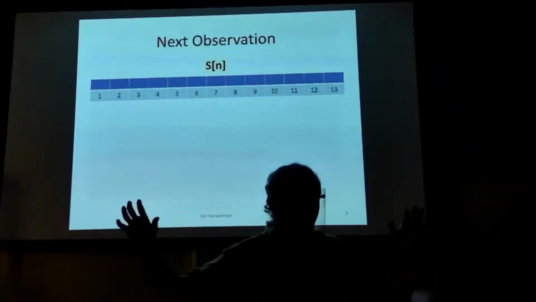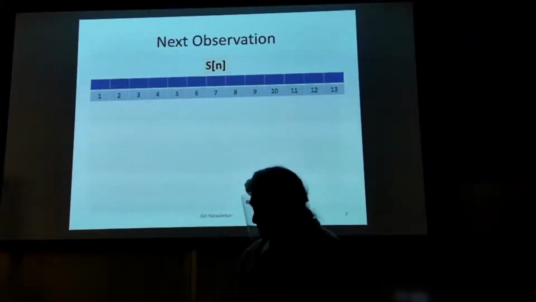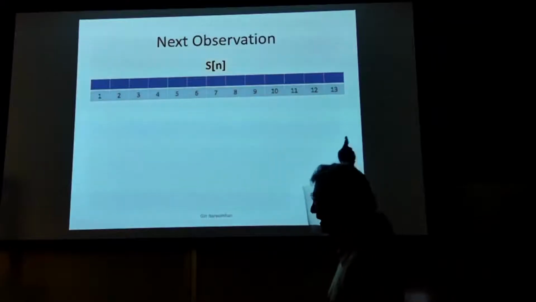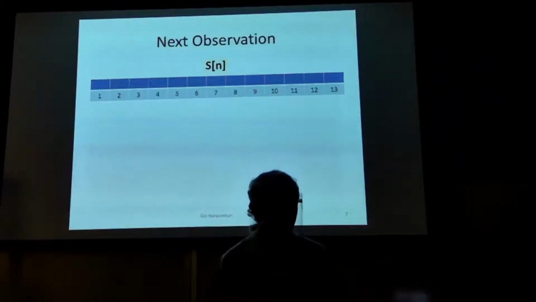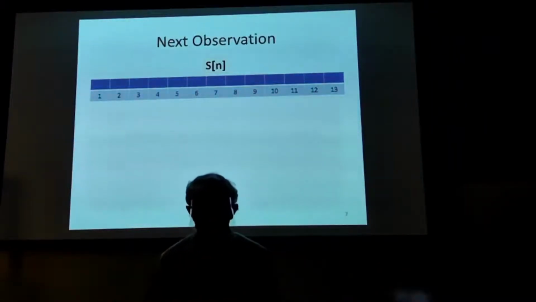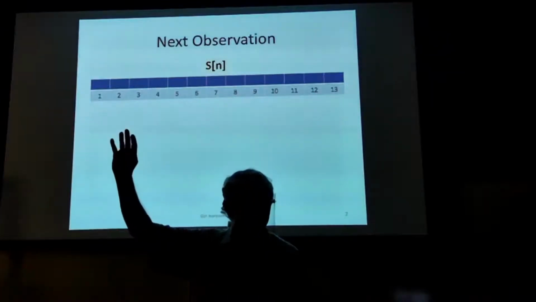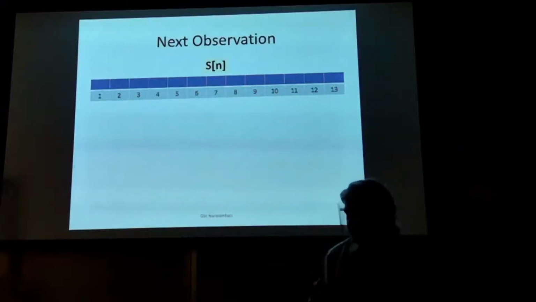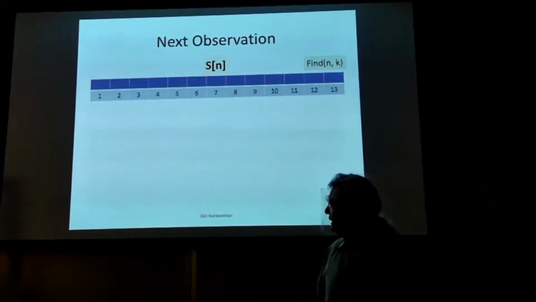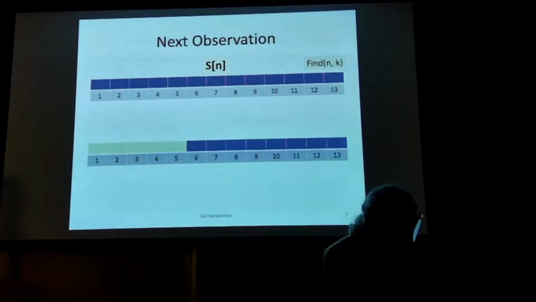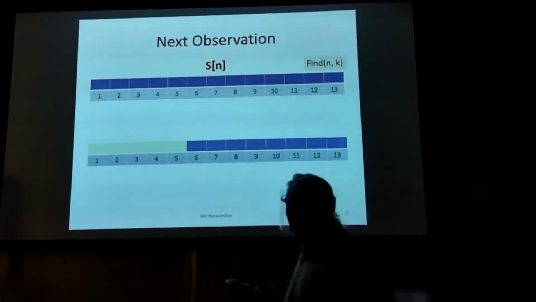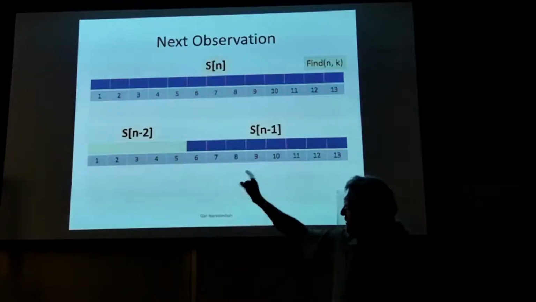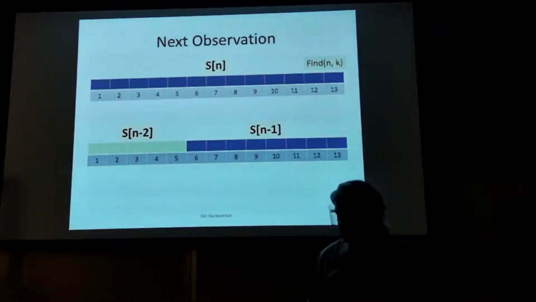Conceptually, let's just imagine that sequence. So we're asked the question, what is the kth character in this nth Fibonacci string? We know it looks like that. What is more important is that we obtained the nth Fibonacci string in a very straightforward way. That was by concatenating the n minus 2th Fibonacci string with the n minus 1th Fibonacci string.